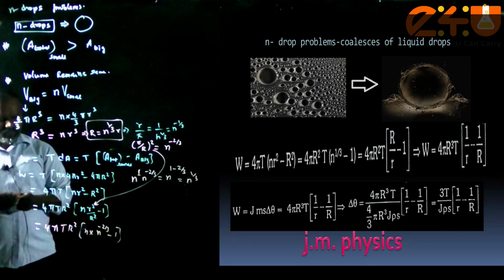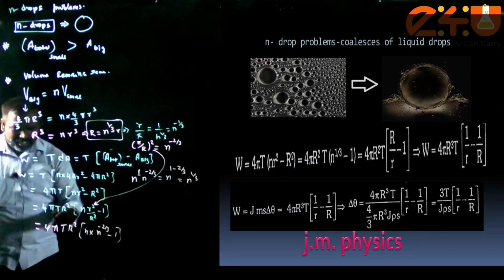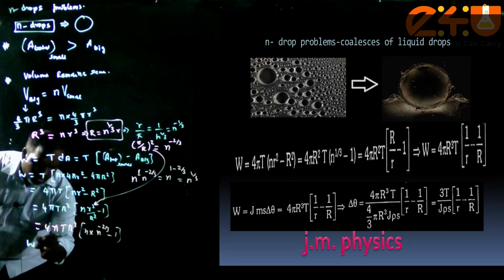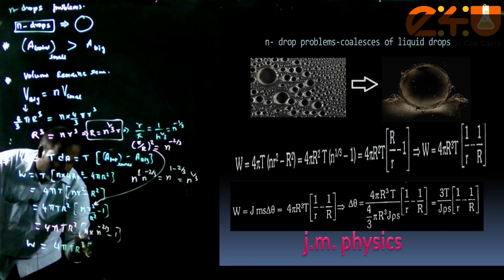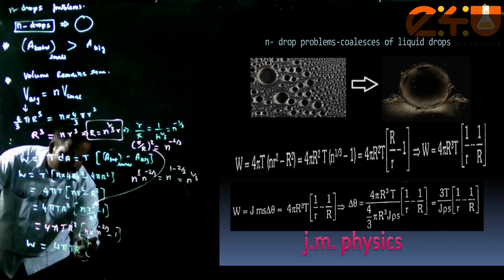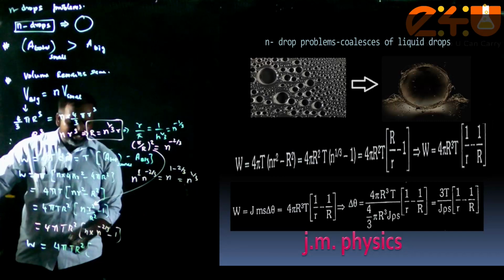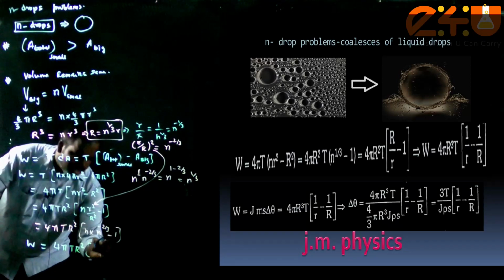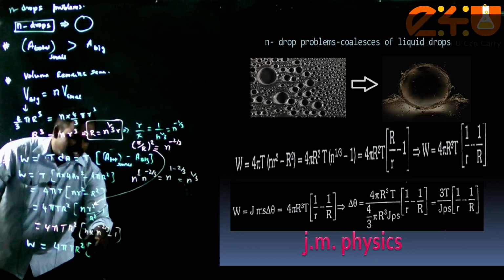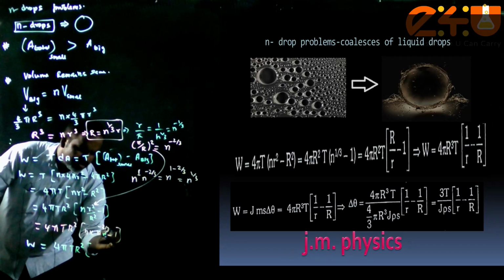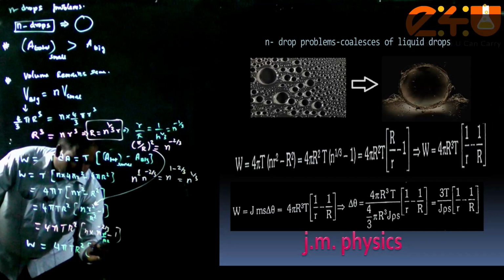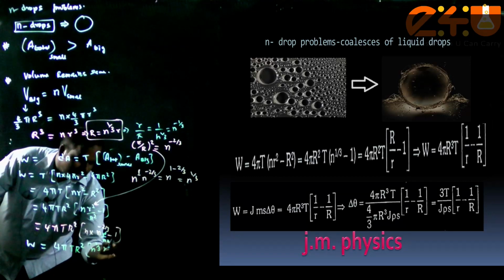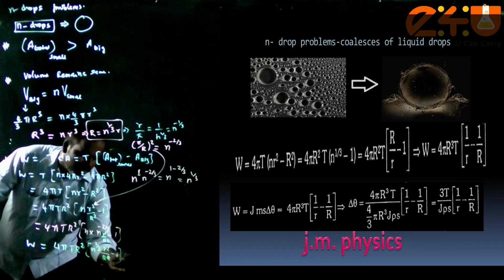Therefore I can write the final result as W equal to 4 pi T capital R squared. Just see this term: n and this term are there, so small r squared by capital R squared can be written as n to the power 1/3. So n to the power 1/3 small r squared by capital R squared minus 1.